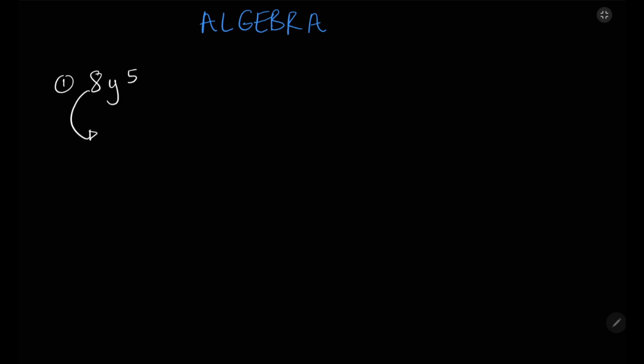Okay, so let's say we have 8y to the power 5. Your coefficient is 8. Your variable is y. And your exponent is 5. So what if we had, let's say, negative 6a to the power 10?